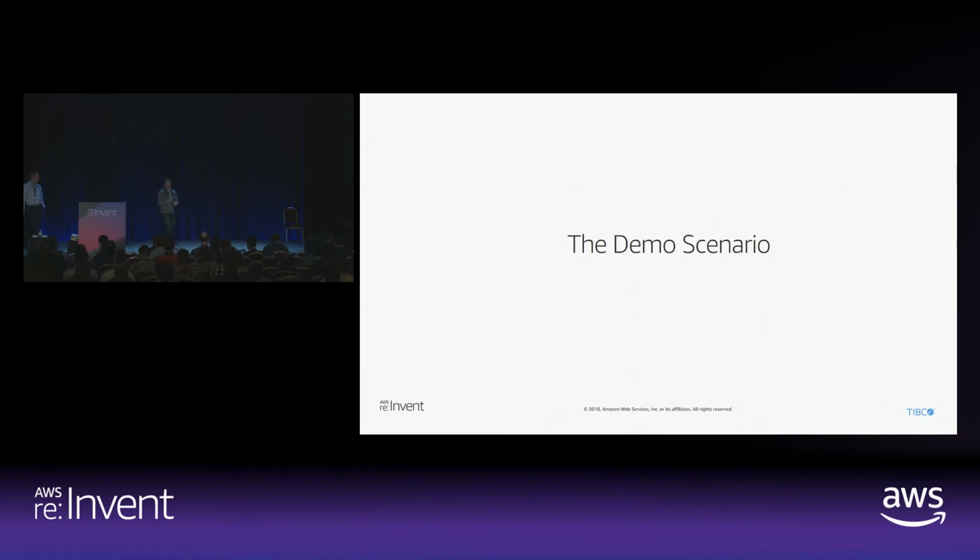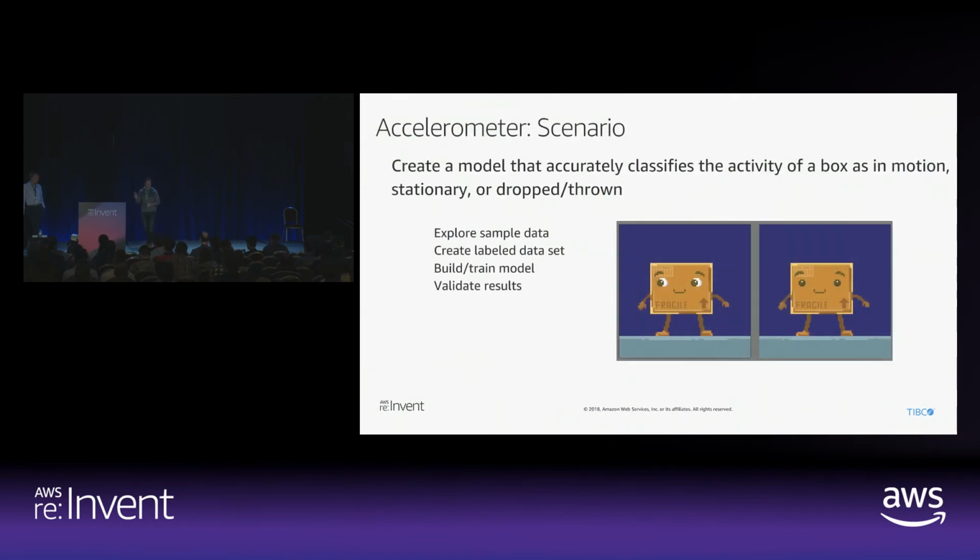So we do have a demo. I'm going to pass it over to Abram in just a second. The demo itself is interesting in the sense that we took a Raspberry Pi. In fact, I've got the Raspberry Pi right here. We took the Raspberry Pi, stuffed it into a box, and then we said, what if we could attach an accelerometer to the Raspberry Pi?